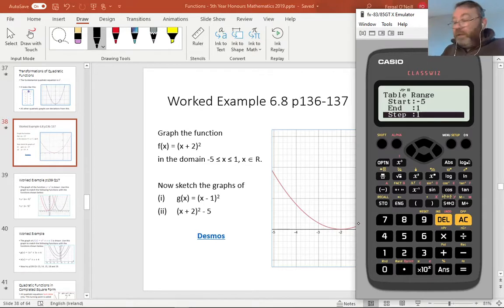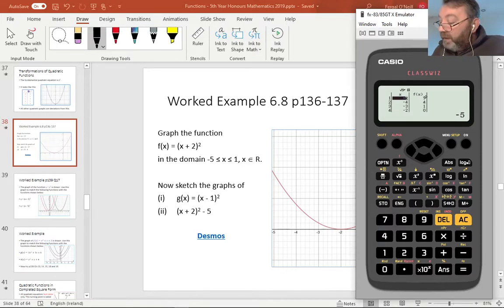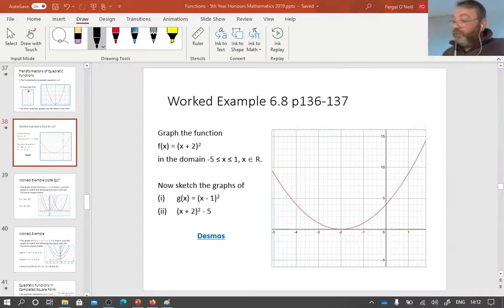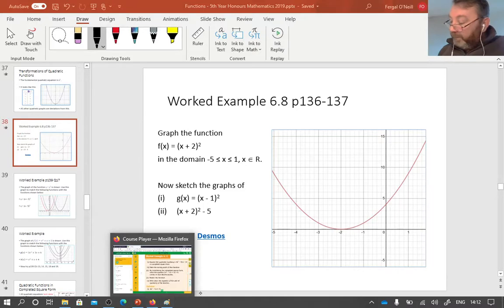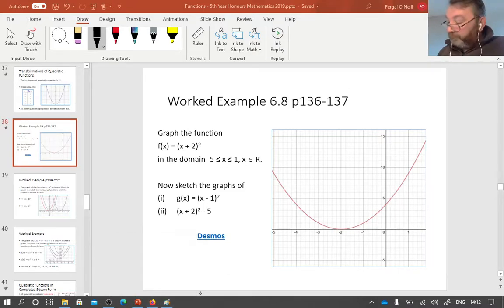Well, normally take steps of 1 and press equals. And there's your table. So your table of values will be minus 5, 9, minus 4, 4, minus 3, 1, minus 2, 0, and so on. And you recreate that table on your page. So that's how you use your calculator. Now, let's go back to this one here. Back into my show, if I can.